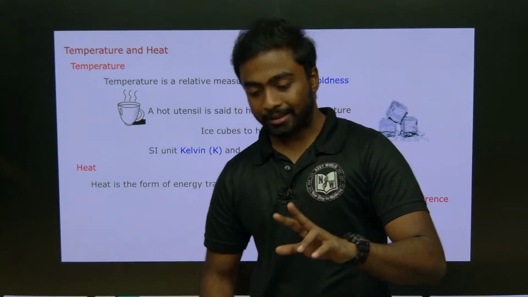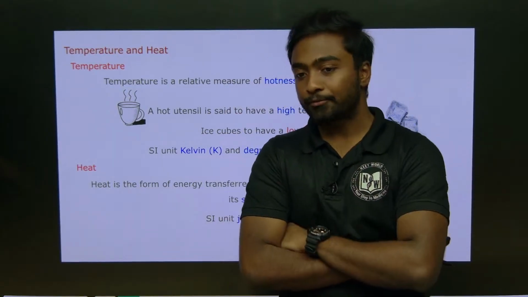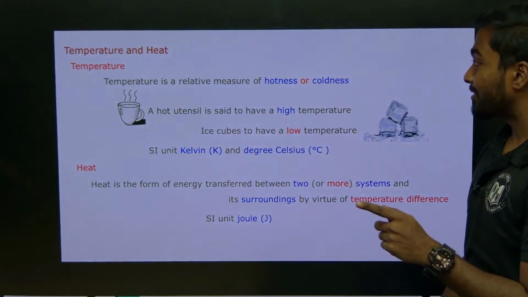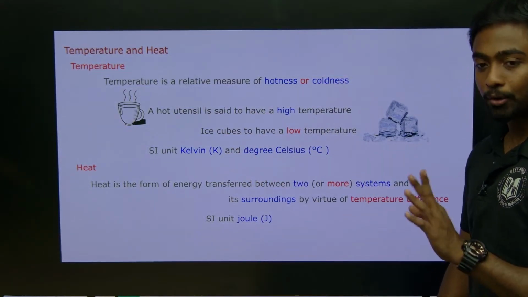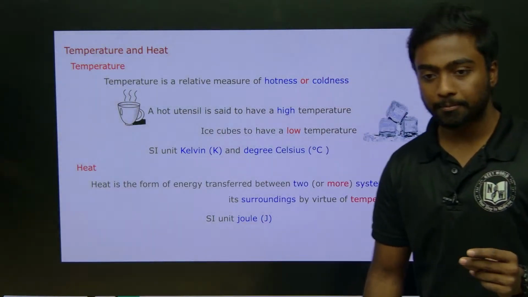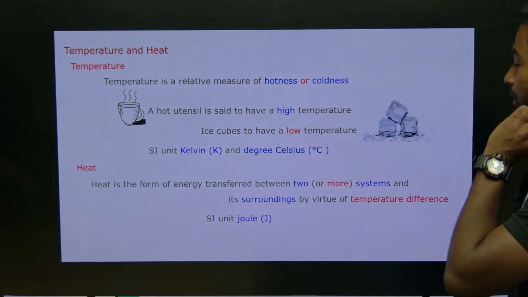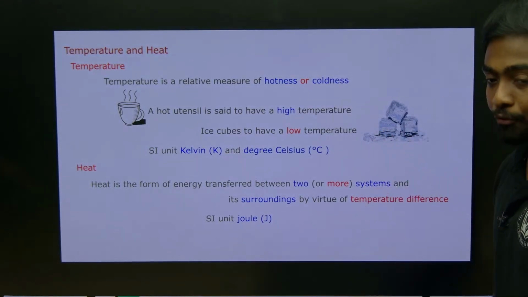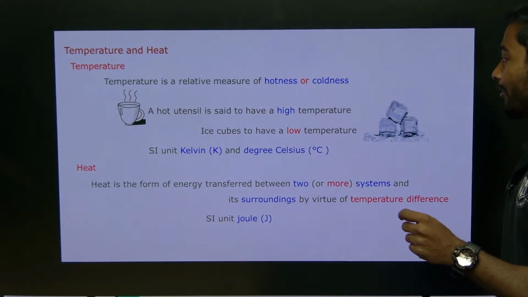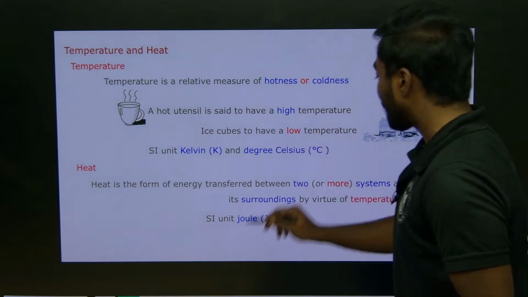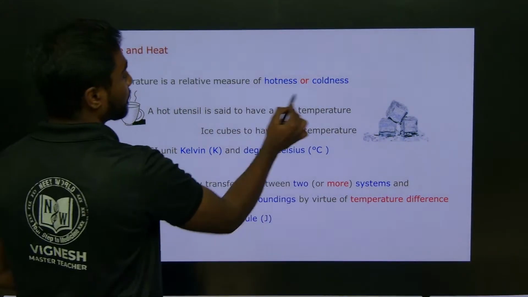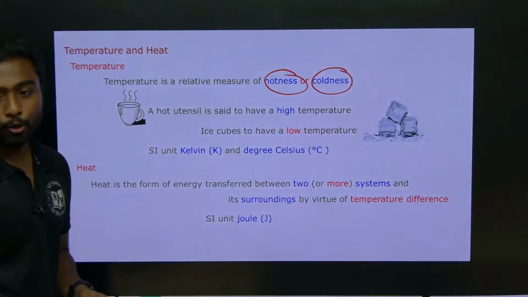Heat and temperature are both different quantities. Temperature is the relative measure of hotness or coldness, but heat is energy. So a hot utensil is said to have high temperature, and coldness means low temperature.